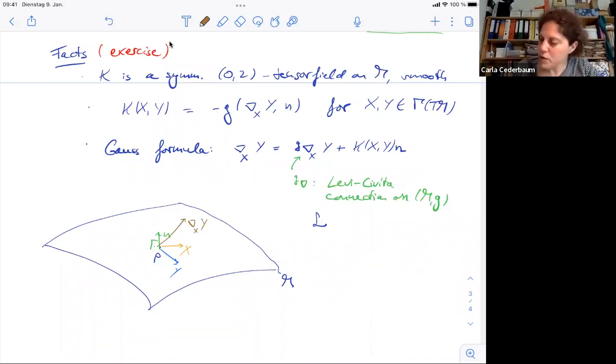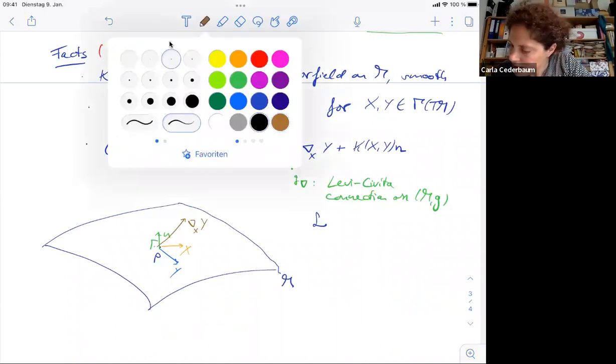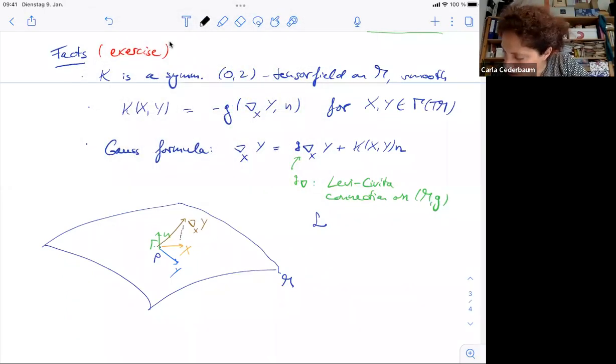And then what I'm doing with this brown vector field nabla_X Y, which is now a space-time vector at this point P, is decomposing it into its part parallel to n and the part parallel to the manifold.